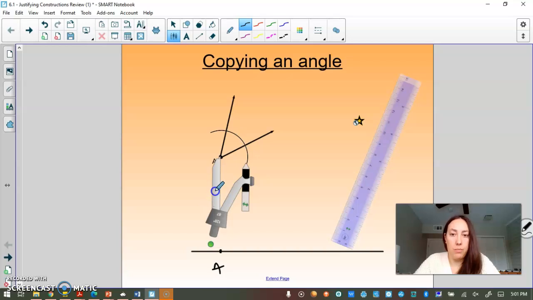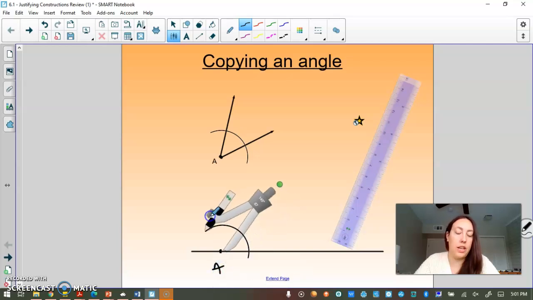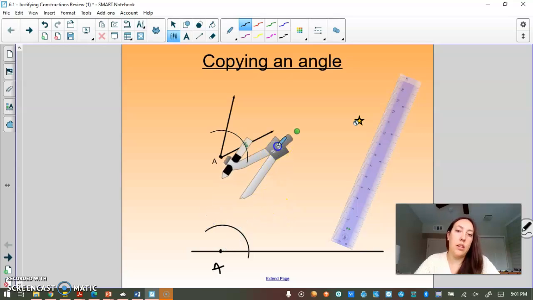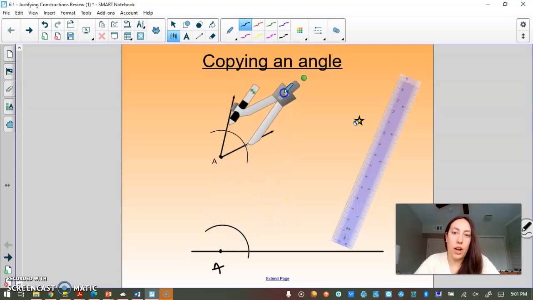And we're going to do that same thing down below at our new A. So I'm going to take my sharp point, put it on that point, and then I'm going to draw the same arc that I drew above. And then our next step is to just measure how big our angle is. So I'm going to put the sharp point on one of those intersection points I just made, and I'm going to change the width of my compass so that the pencil is on the other portion there.